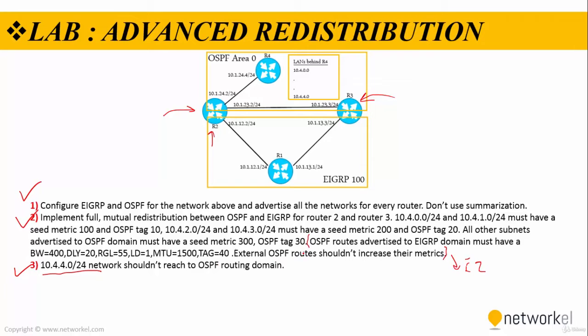Okay, but guys, I'm seeing a conflict in this question. 10.4.4 belongs to router 4, and the question is saying that this network should not reach the OSPF routing domain, but it's already in OSPF. I think here should be EIGRP.